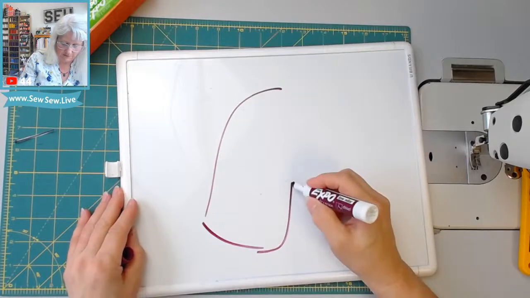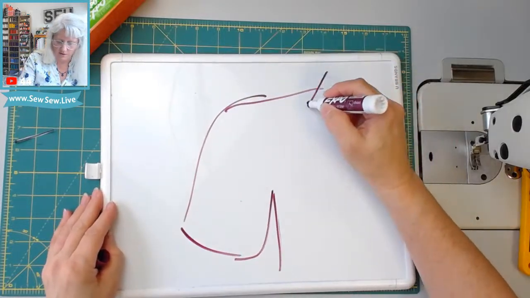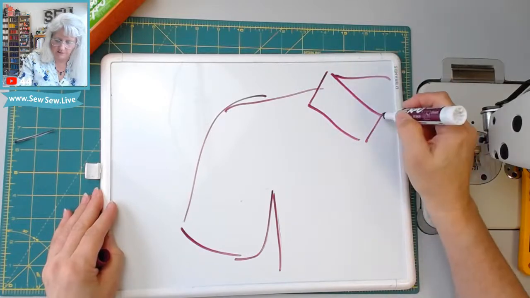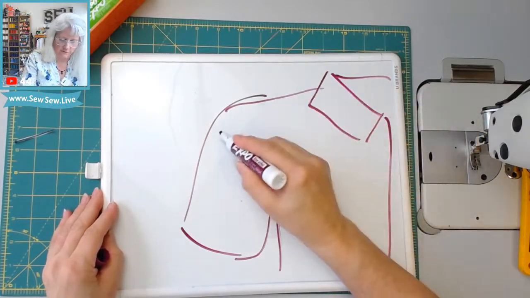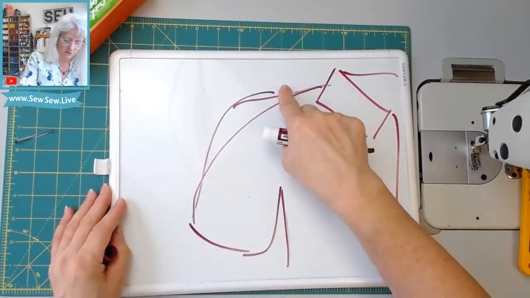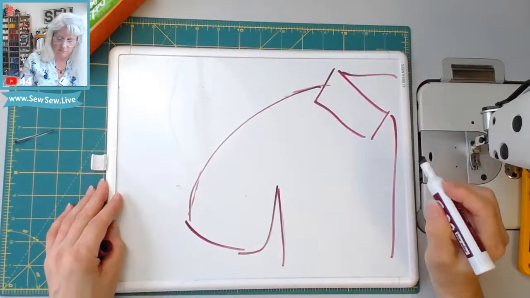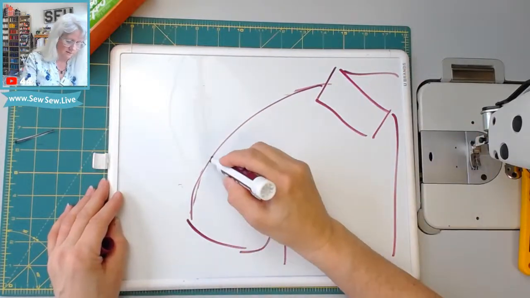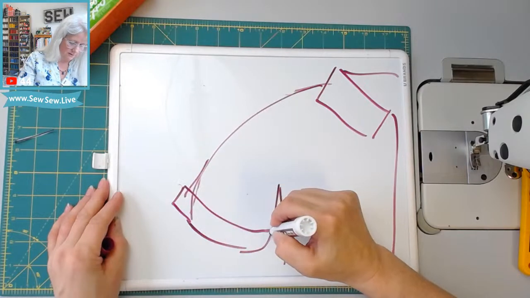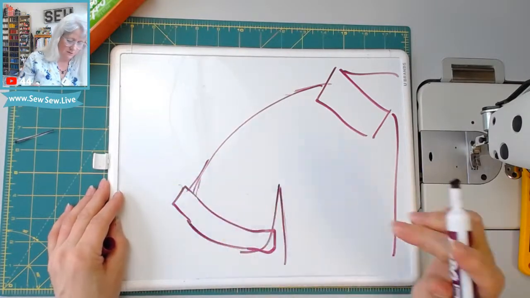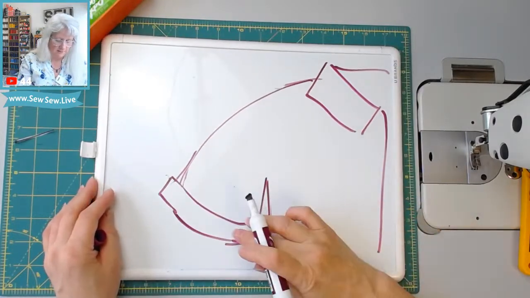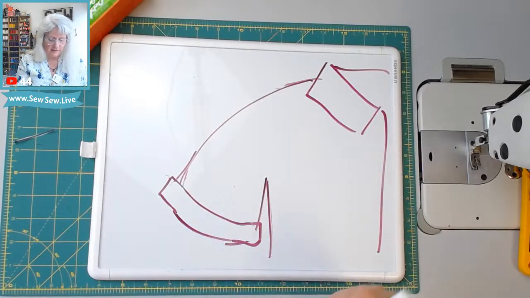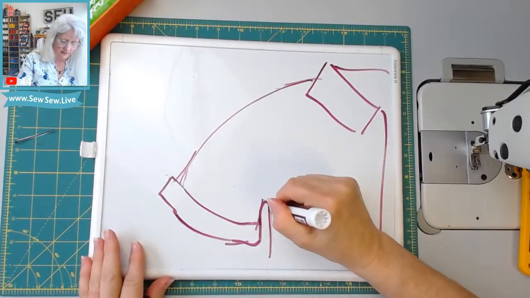So let's say we just want a no-armhole sleeve with, you know, linebacker shoulders. That looks pretty bad, doesn't it? We'll put a little cuff on it. Maybe a little band or something like that. And this would be more like this.